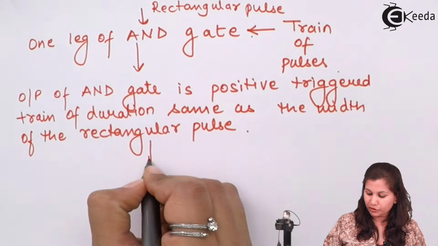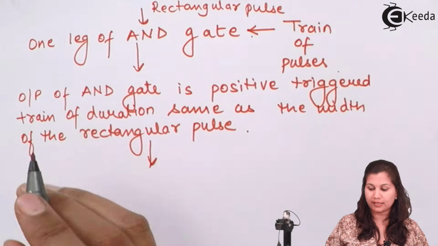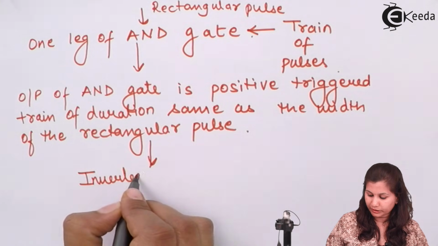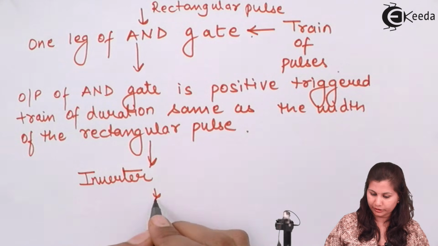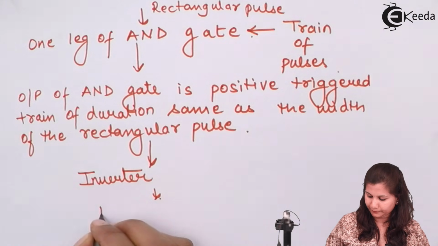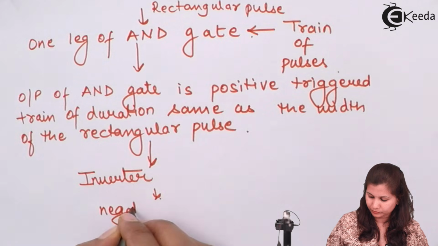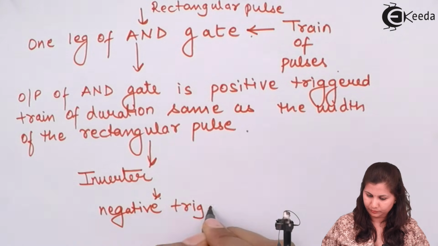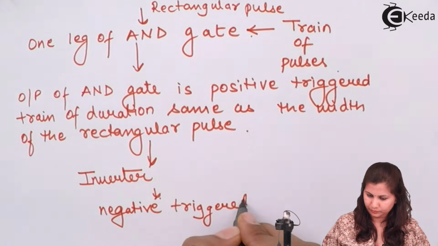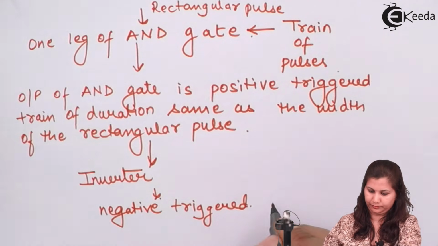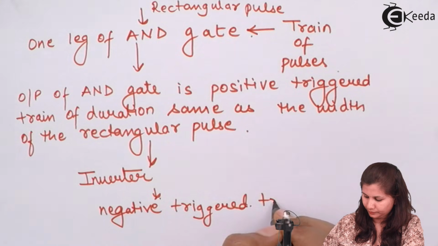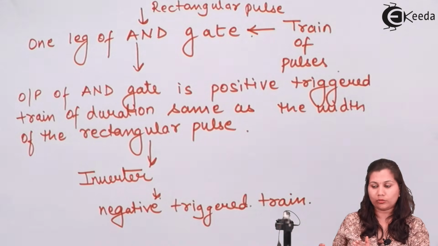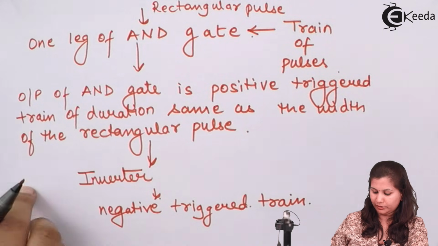Now this positive triggered train is given to the inverter. The inverter is going to convert it into a negative triggered train.